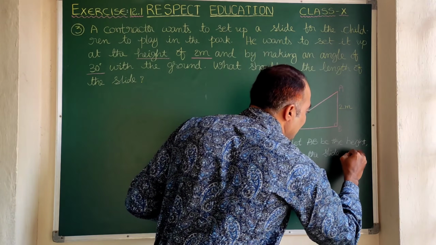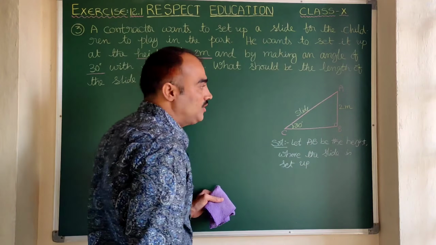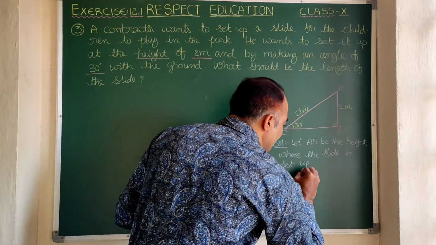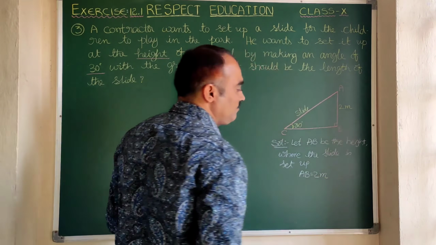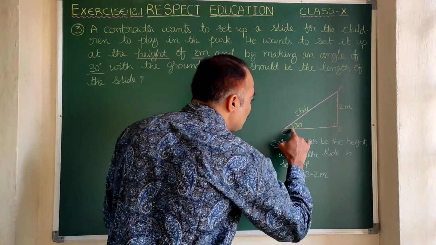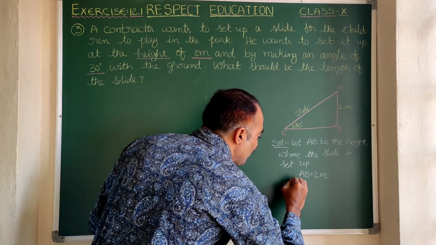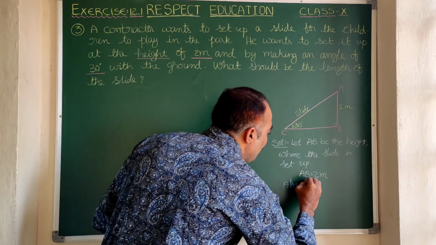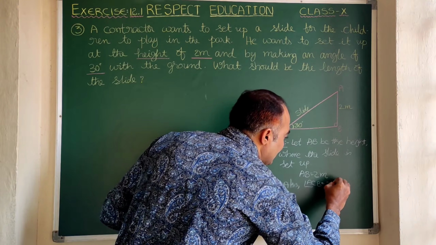So AB is given as 2 meters. AB is equal to 2 meters. Next, also given, angle ACB is equal to 30 degrees.